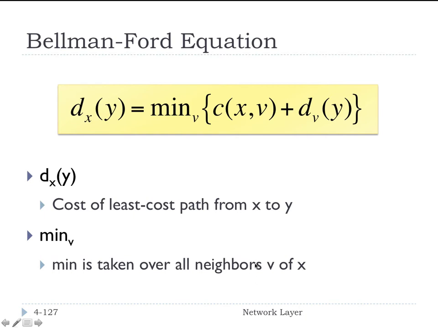So all of the neighbors v of x, if we were to compute this, whichever neighbor has the least cost path from x is smaller. So by repeatedly applying this formula, we're going to be able to find the best paths in a network by only exchanging information among neighbors instead of having to exchange it among everyone.